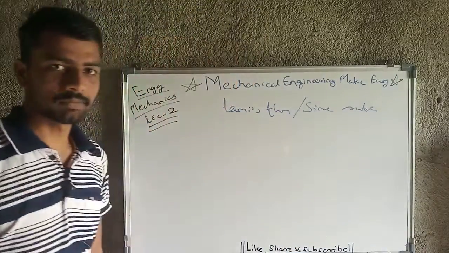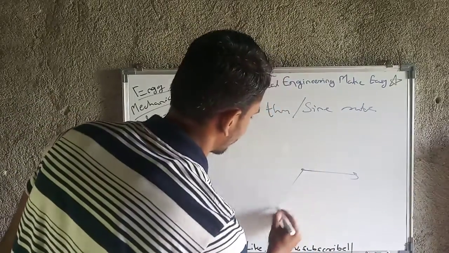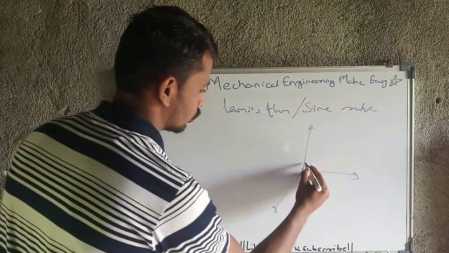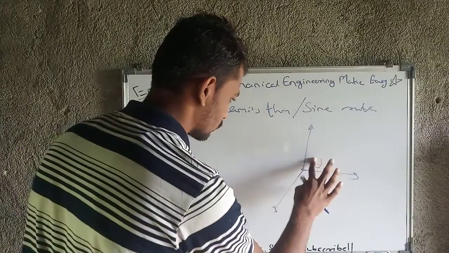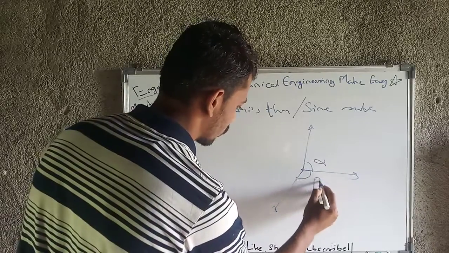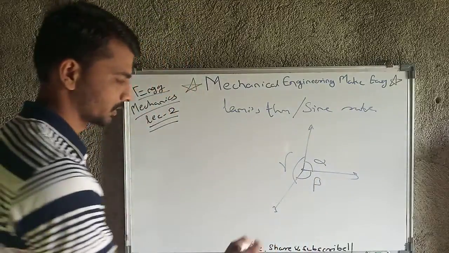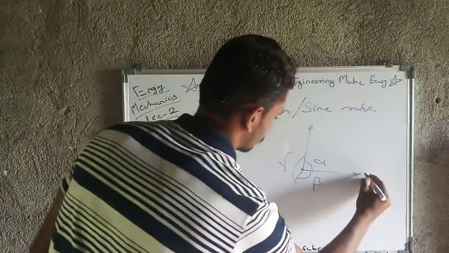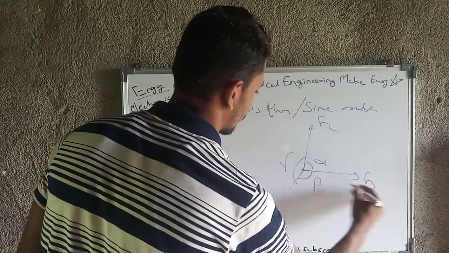If there are three forces, for example this is a point, and from this point there are three forces, the angles between the respective forces will be alpha, beta and gamma. So maybe this is f1, then this will be f2, and this will be f3.